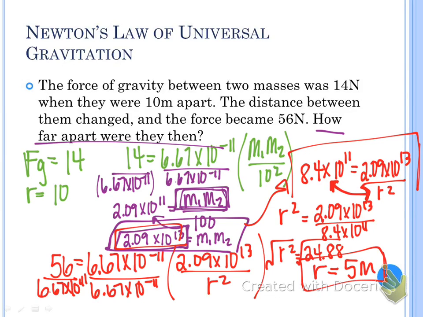Okay, so that means our radius went from being 10 meters apart to 5 meters apart. Our force, however, more than doubled. It quadrupled. Okay, so even though our distance between our two objects was cut in half, our force did not just simply double, and that has to do with our radius being squared.